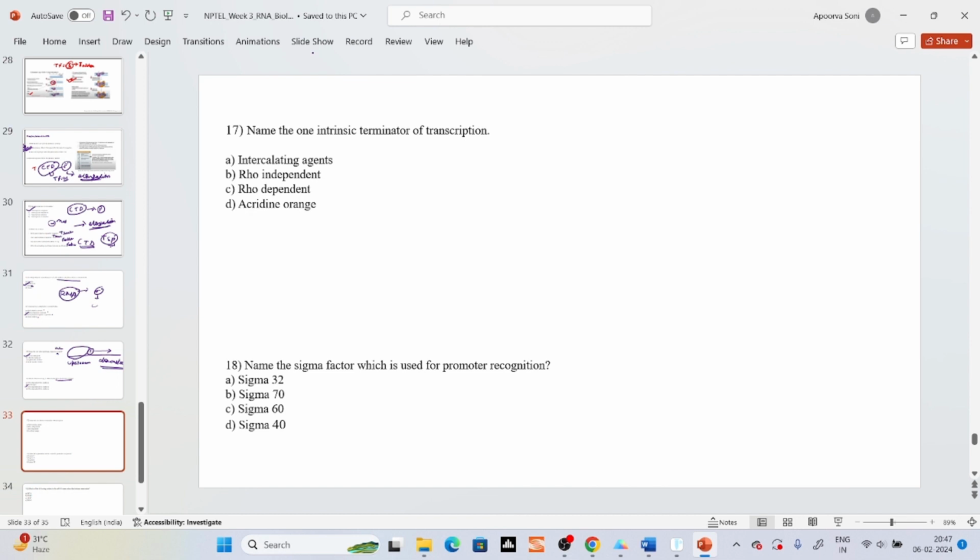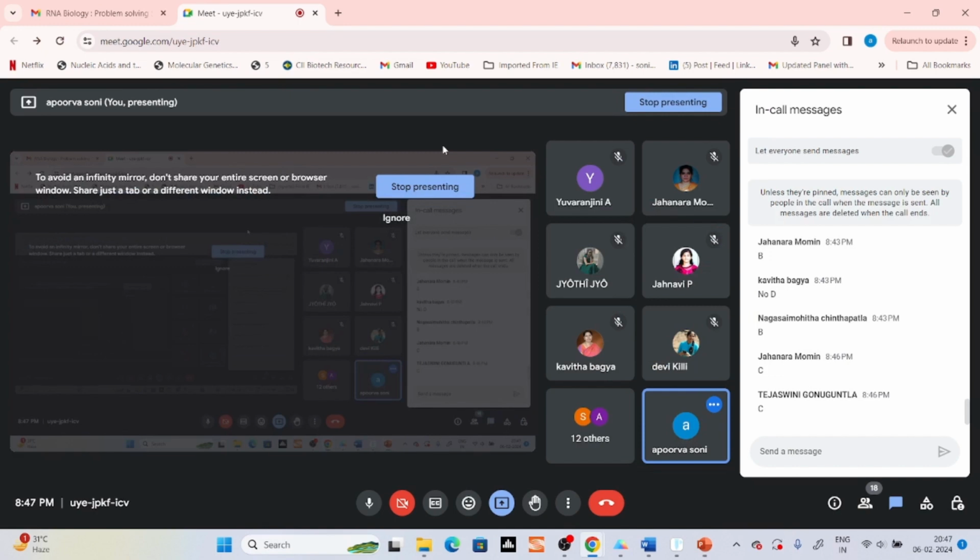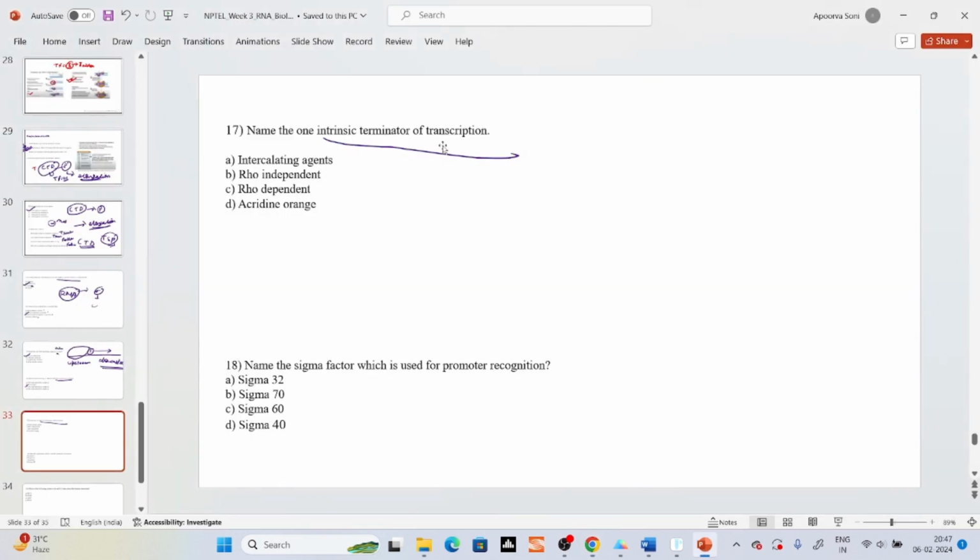How does intrinsic termination of transcription happen? Tell me quickly. Intrinsic transcription termination is rho independent, because rho is a protein. It is an external factor which comes and helps in termination, whereas intrinsic means that RNA does not need any external agent to terminate its transcription.